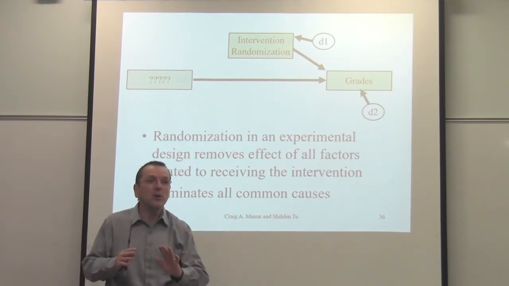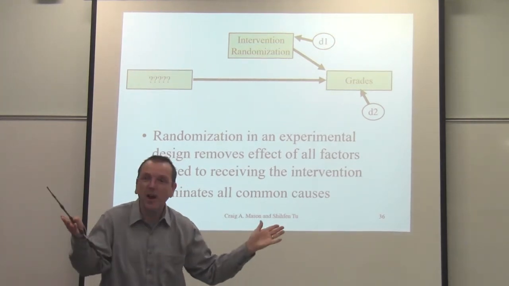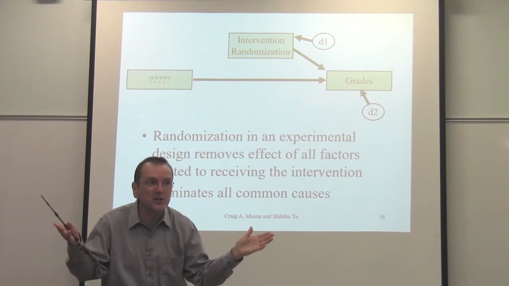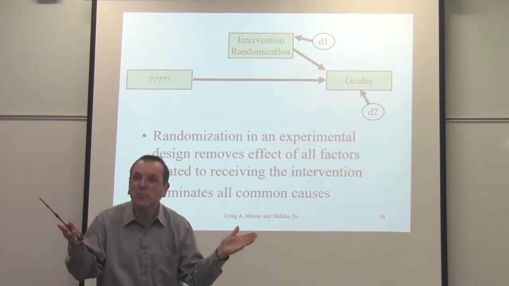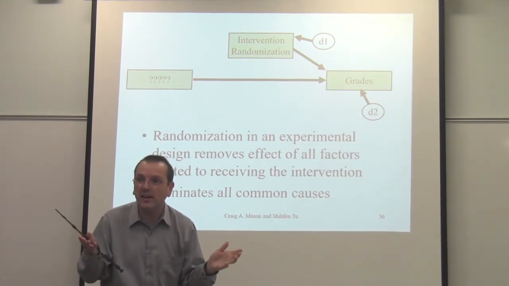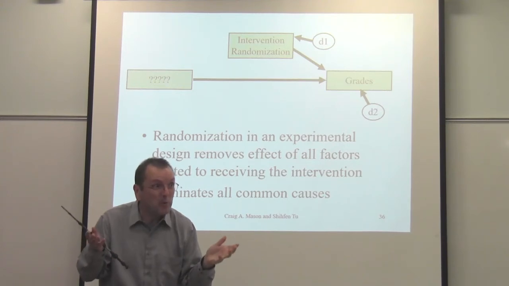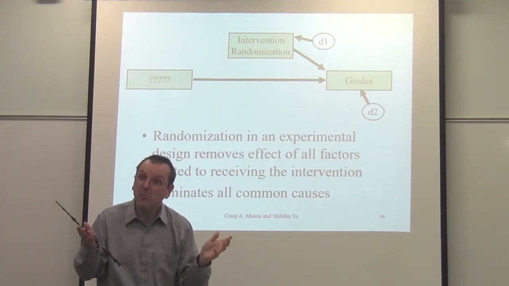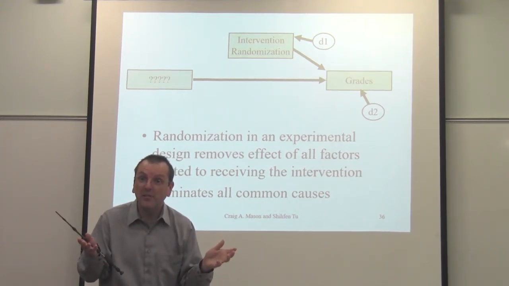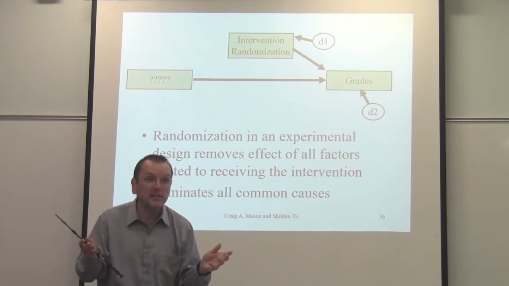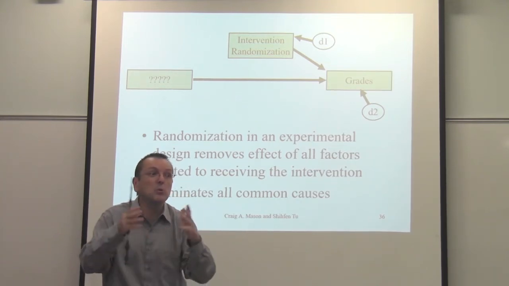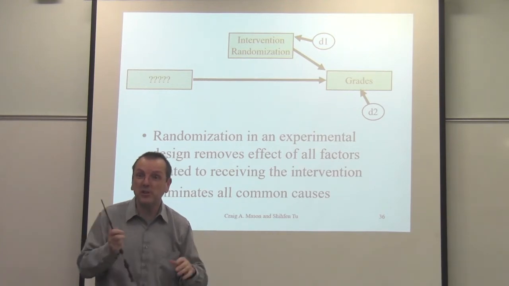Suddenly, you don't care about common causes anymore. They're not your problem. You've magically eliminated that incredible burden and problem of controlling for all the common causes just by the beauty of randomization.